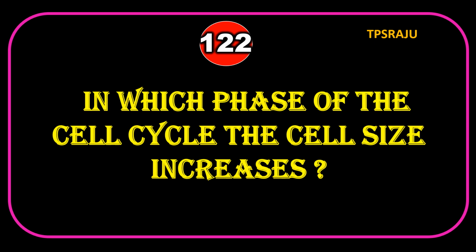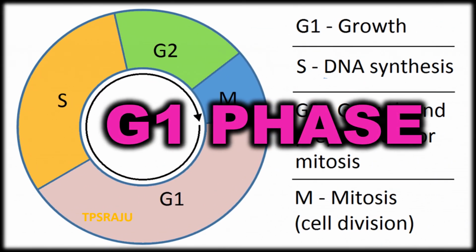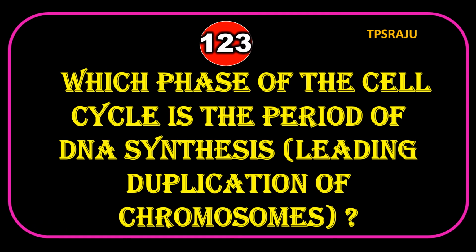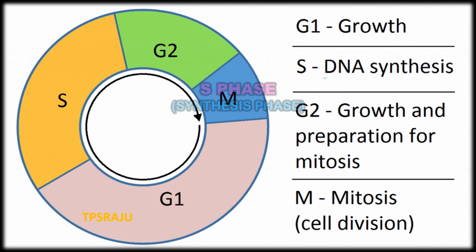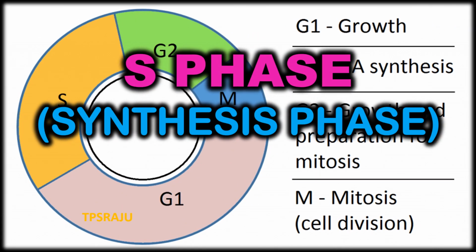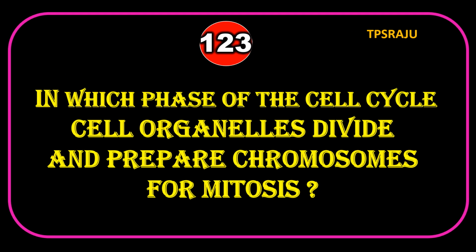In which phase of the cell cycle does the cell size increase? G1 phase. Which phase of the cell cycle is the period of DNA synthesis? S phase, synthesis phase. In which phase of the cell cycle do cell organelles divide and prepare for mitosis?